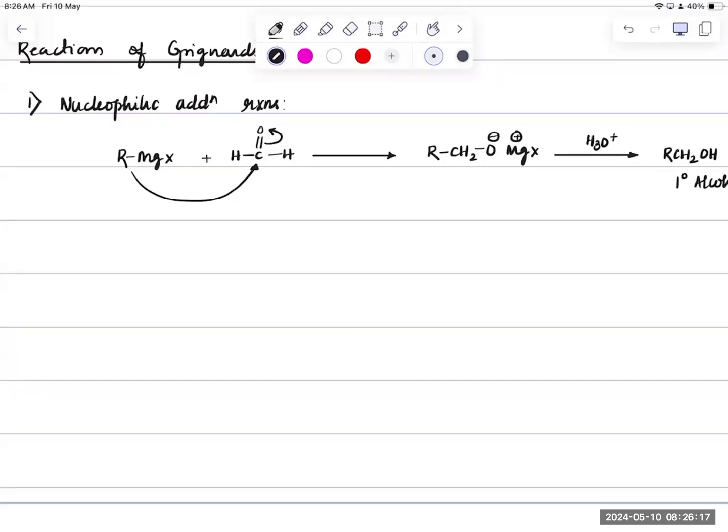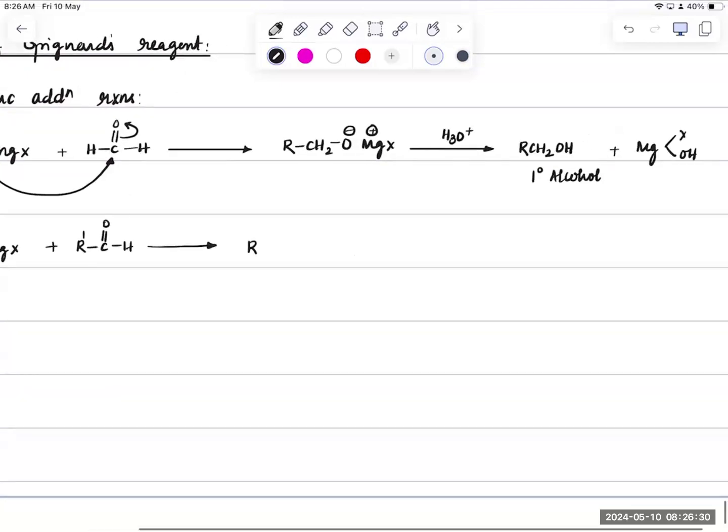Similarly, this is for formaldehyde. And if you take any simple aldehyde other than this, here I'm taking some R dash. So this time the reaction will be R, CH, one more R dash here, then O minus, MgX plus, if it is followed by hydrolysis.